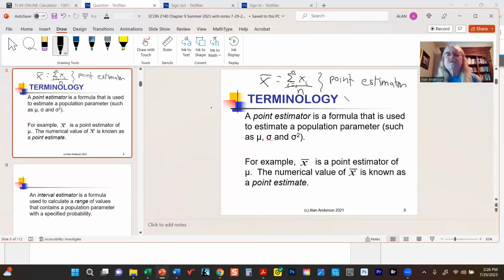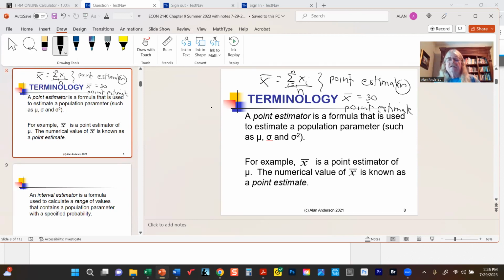But the actual value that you come up with from your data is called a point estimate. The suffix "or" indicates it's a formula. Estimate, the ending "te", means this is the numerical value that you came up with. It is unique to that particular set of data. It will be different every time you apply the point estimator.